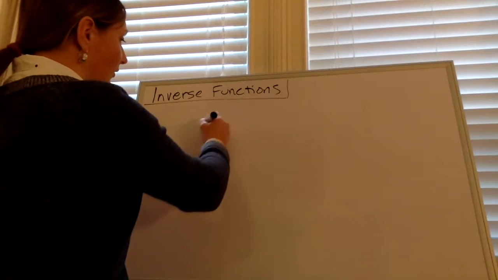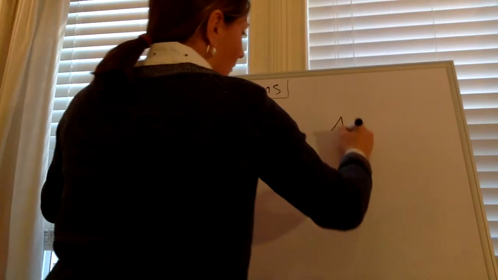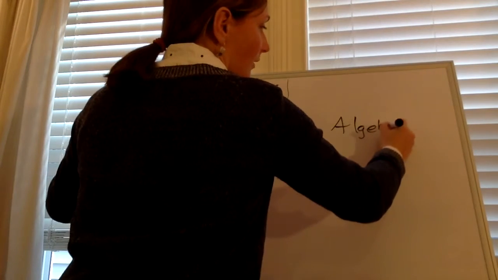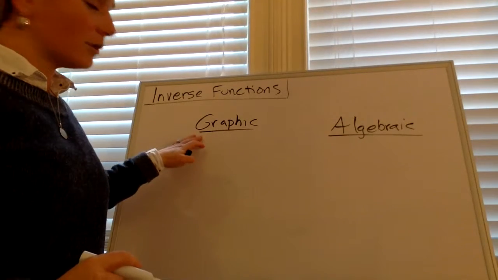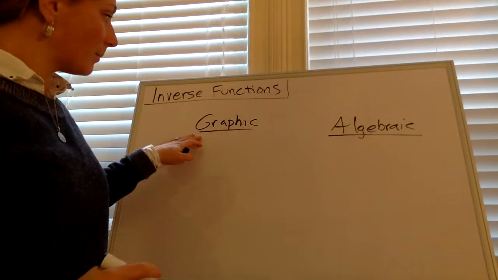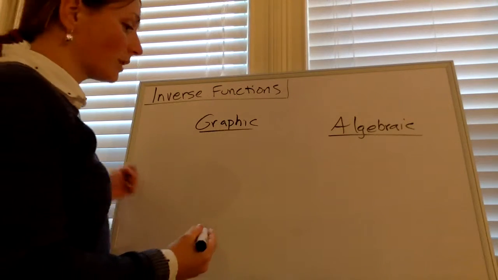So there's a graphic definition and also an algebraic definition. Okay, so when you think of inverse functions graphically, they are reflections of each other across the line y equals x.